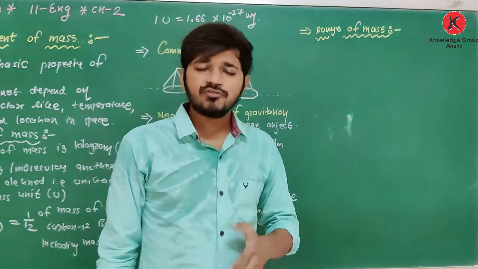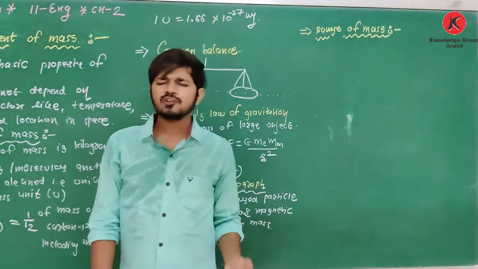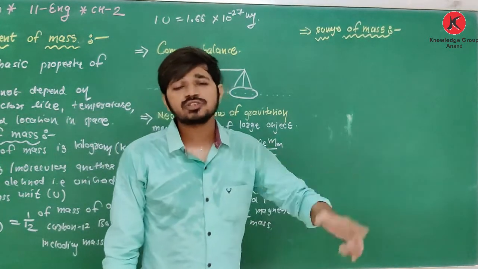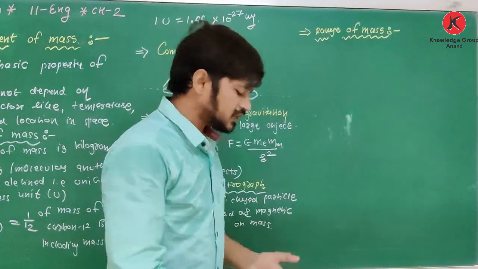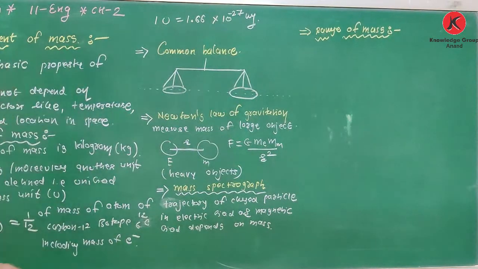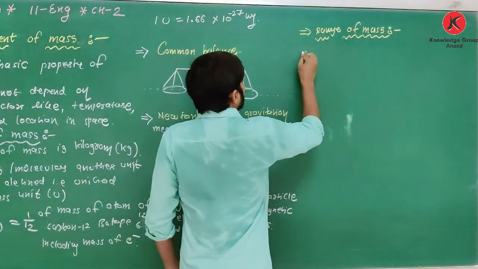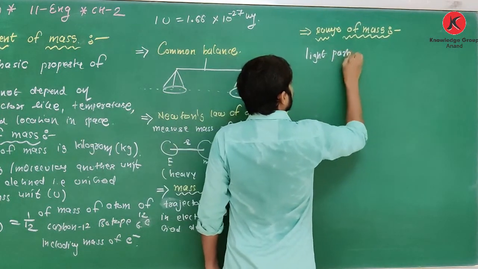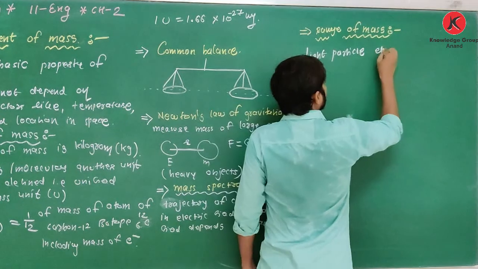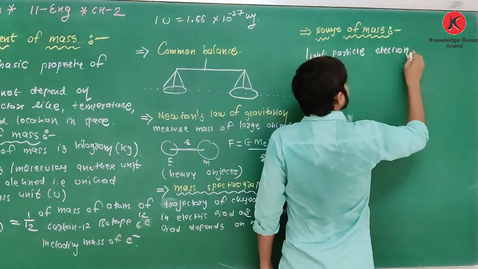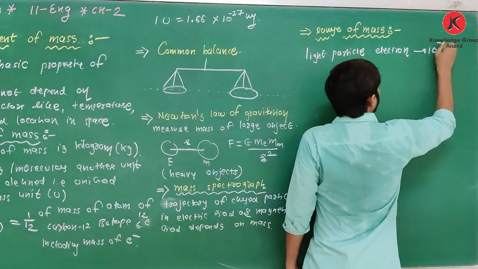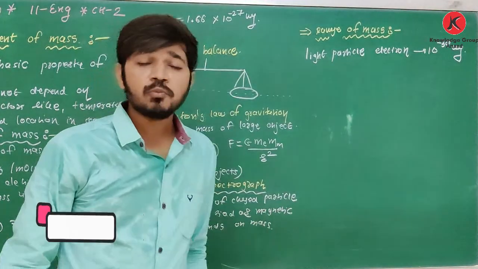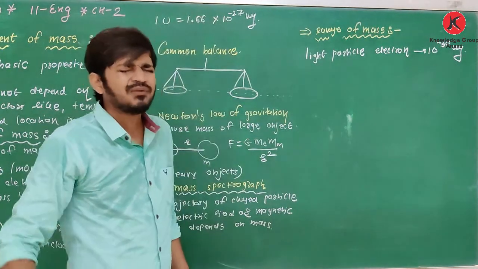Any object is made up of molecules, made up of atoms, and an atom is made up of a nucleus and electrons revolving around it. So what is the lightest particle? The lightest particle is the electron, and its mass is of the order of 10 raised to minus 30 kg. This is very small.